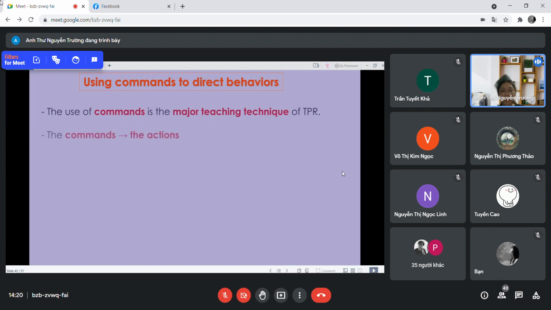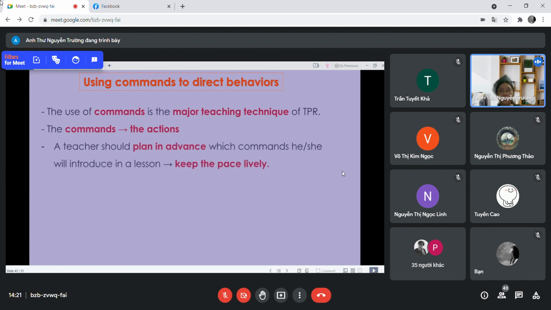The commands are given to get students to perform an action, and the action makes the meaning of the command clear. It means that the teacher models the commands and performs the corresponding action to make the meaning clear. And then students fulfill the commands by action-based drills with the teacher, individually or in groups.